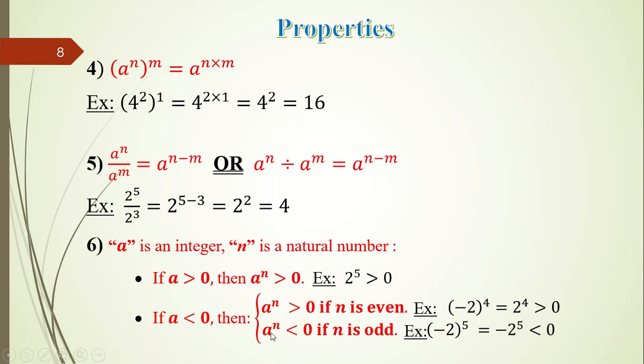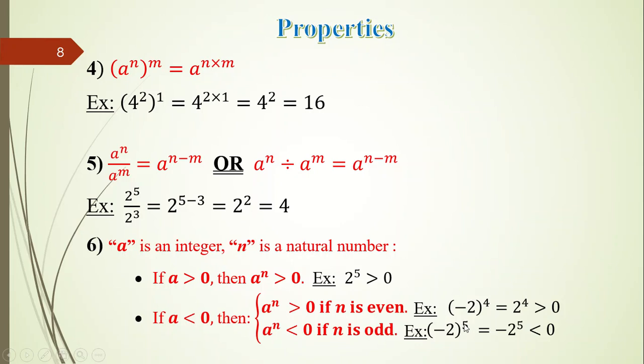Okay? If the base is negative but n is odd, then A power n is negative. So if we have minus 2 power 5, here power 5 is an odd number.